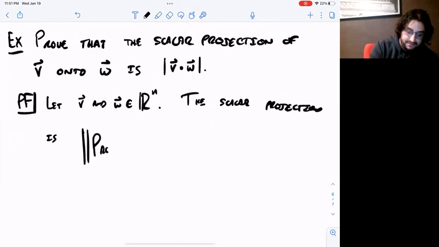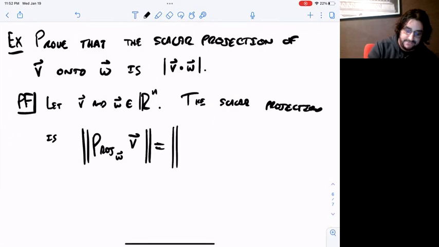By definition, we defined it as the magnitude of the projection of V onto W. Okay, what am I going to do? I'm going to plug in this.